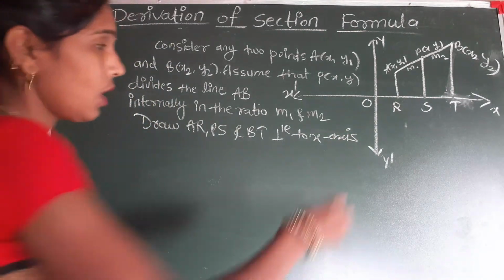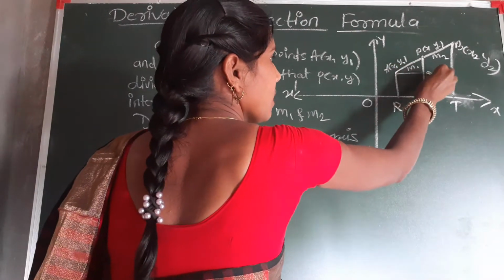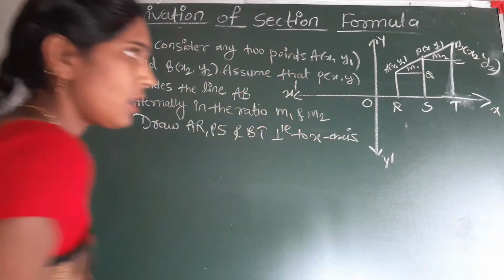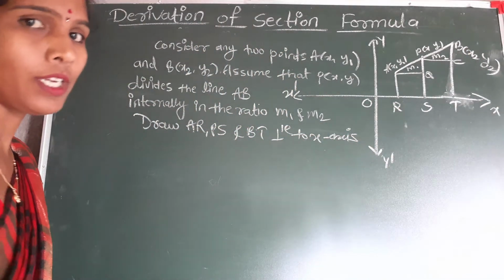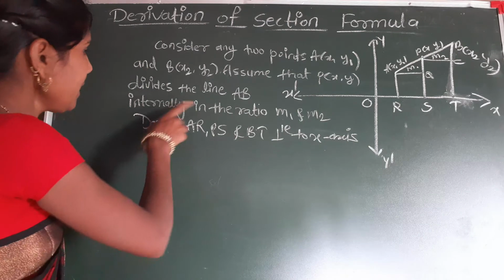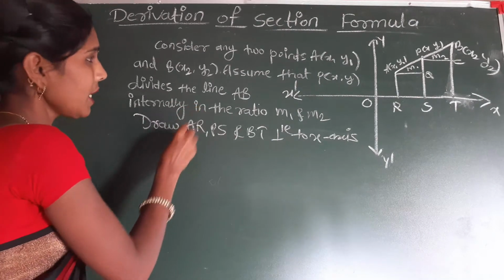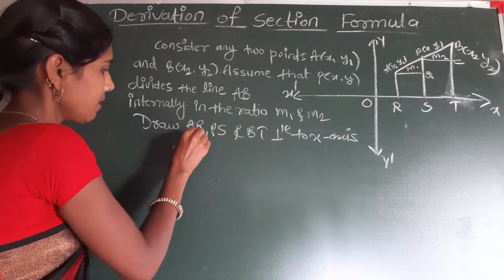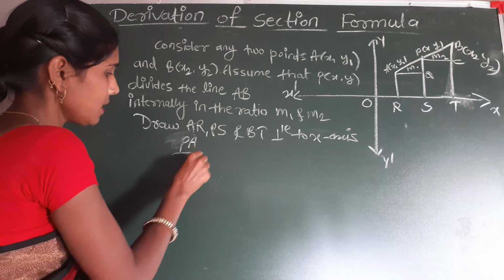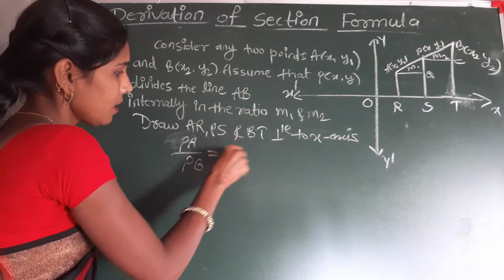Now draw AQ and PC parallel to the x-axis. Our construction is over. Already given is the ratio PA divided by PB is equal to m1 by m2.